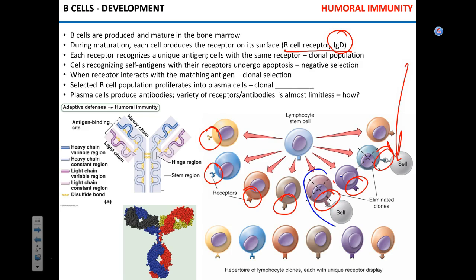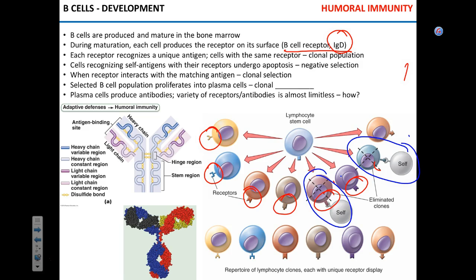Cells that cannot differentiate self from foreign get eliminated. Such recognition in the bone marrow triggers apoptosis. These B cells die. Does it make sense?